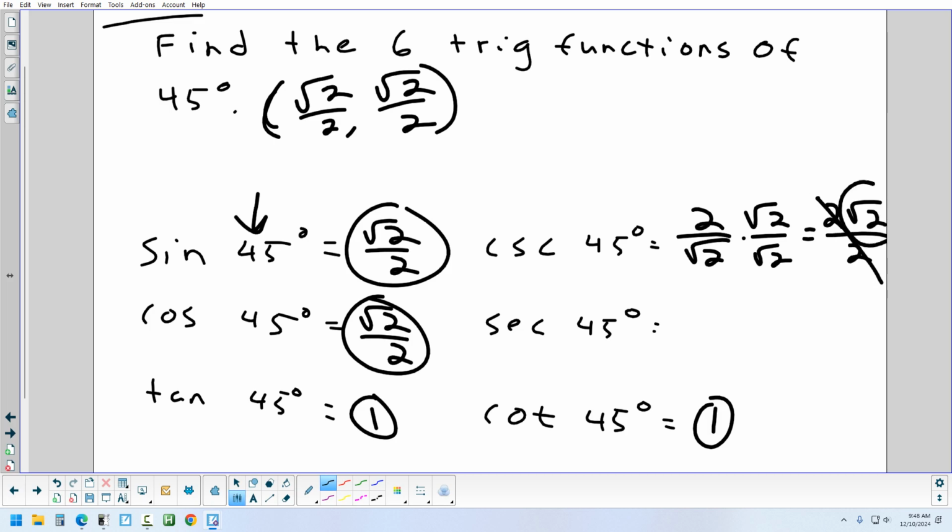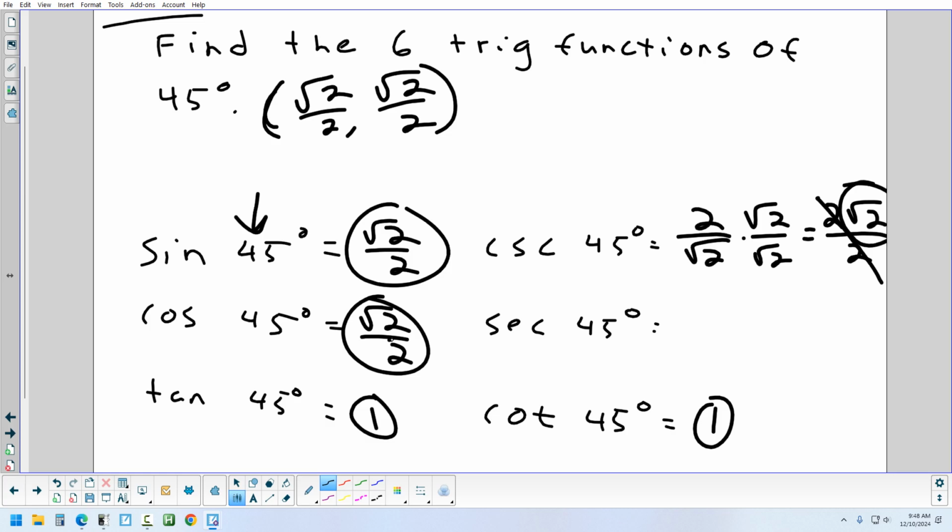Yeah. And eventually that's something we want to memorize too. Okay, if you're going to work with this a lot, doing all this stuff that just cancels out, it's easy to, if we can just remember, when you flip root 2 over 2, you get root 2. All right? So when you flip root 2 over 2 here, what are you going to get?